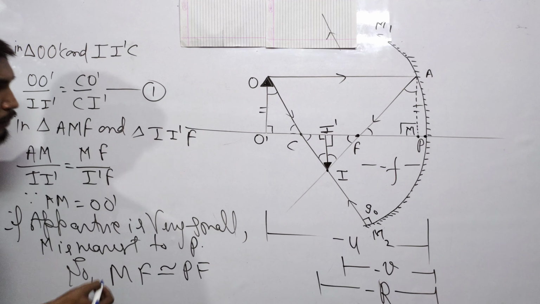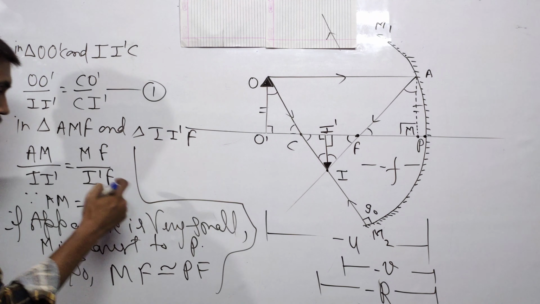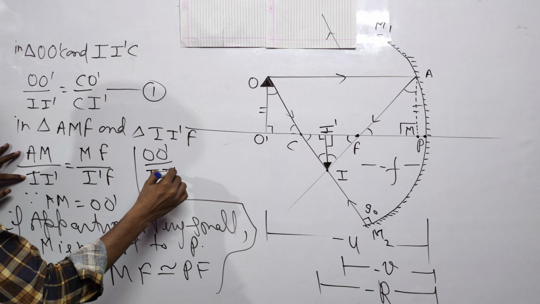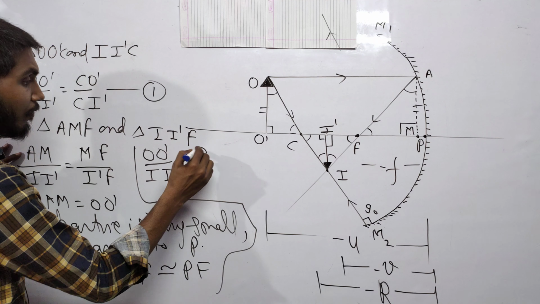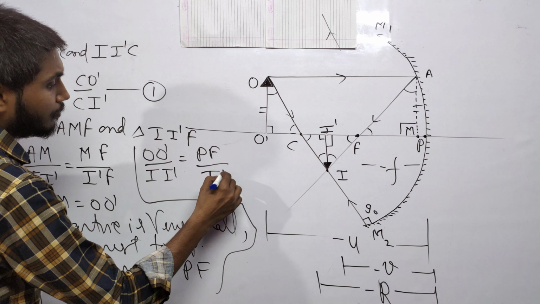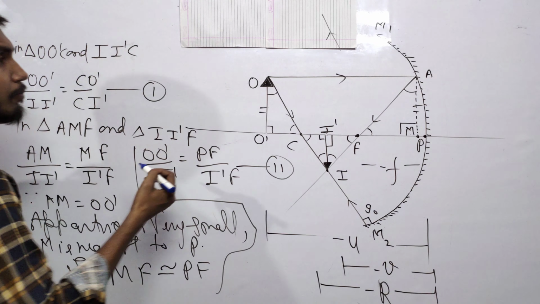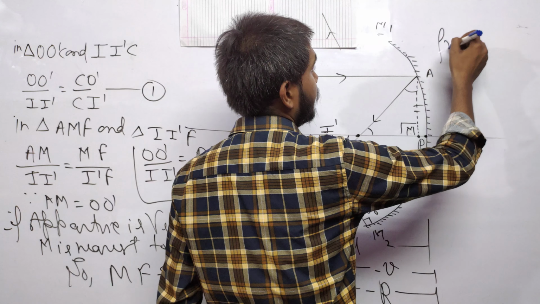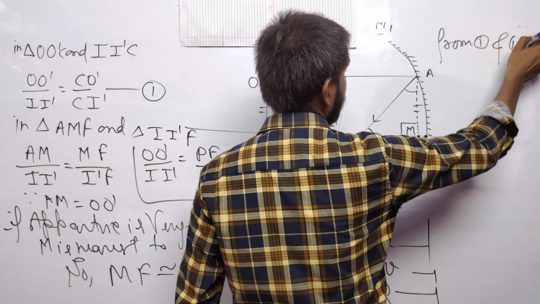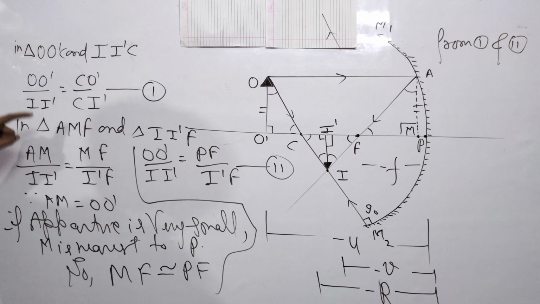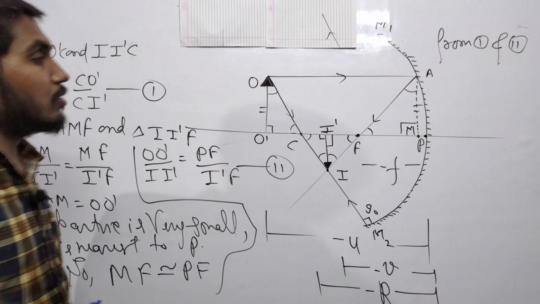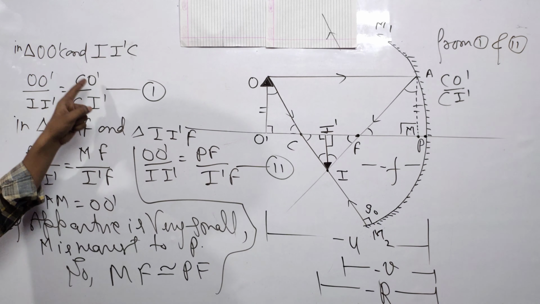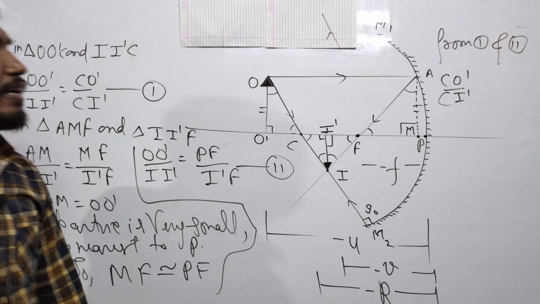So from here AM is equal to OO dash upon II dash, MF is equal to PF upon I dash F, equation number second. So from first and second, CO dash upon CI dash equals PF upon I dash F.